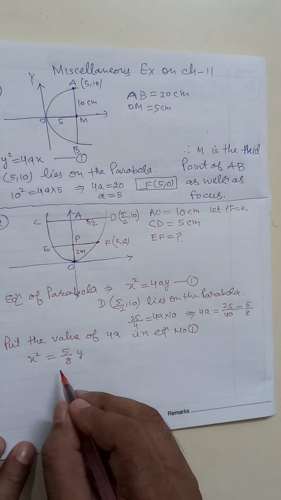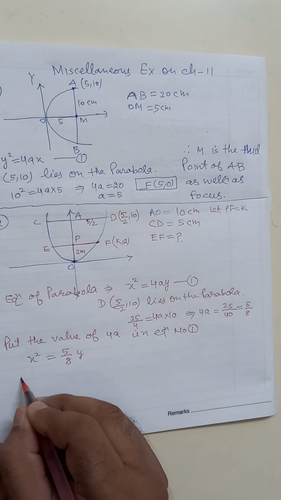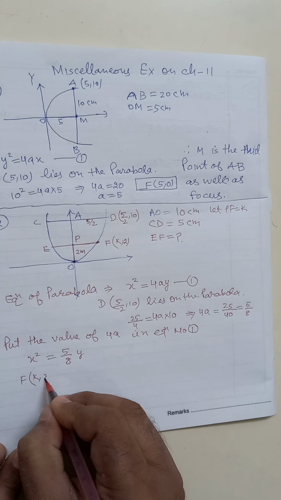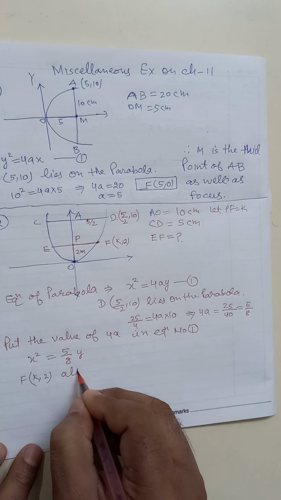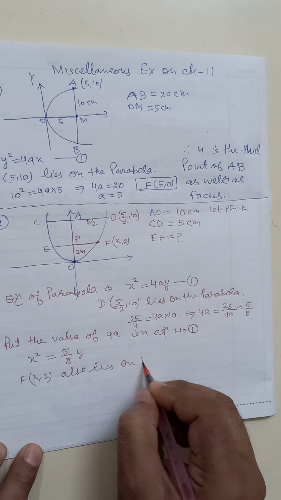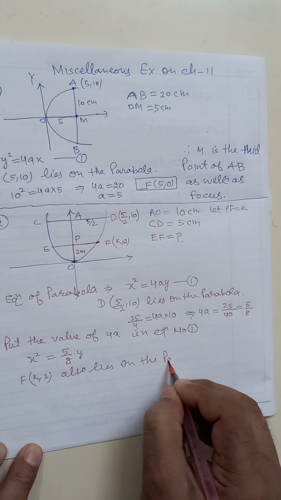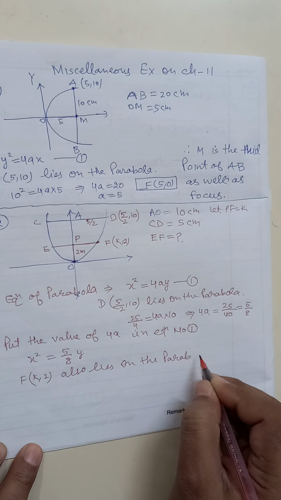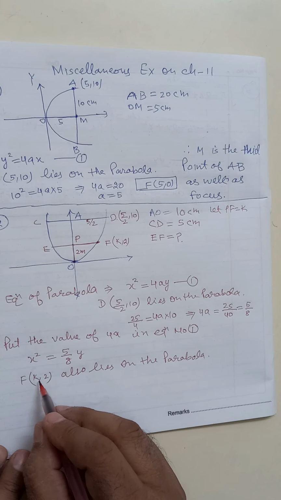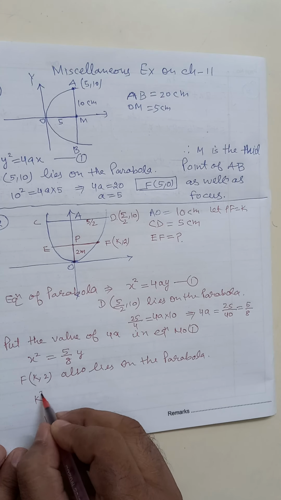Correct? Now you know that the point F, whose coordinate is k comma 2, also lies on the parabola. Therefore the coordinate also satisfy the equation.